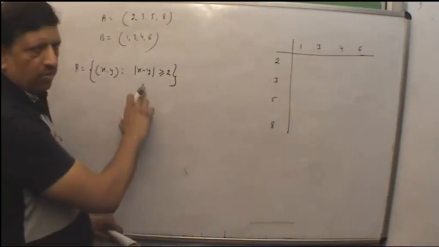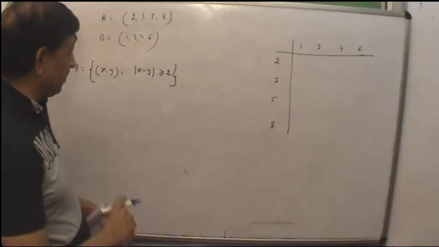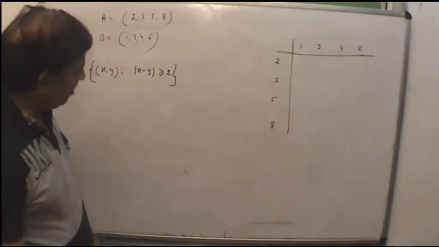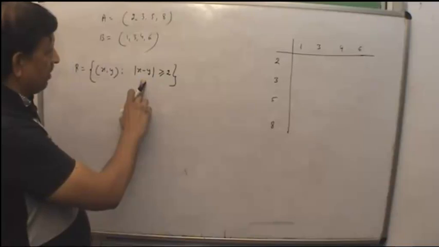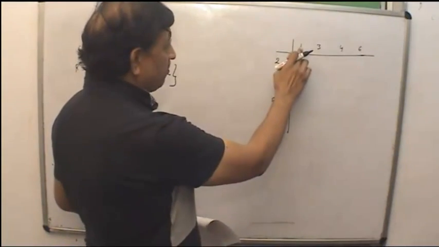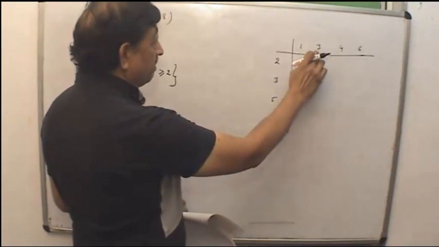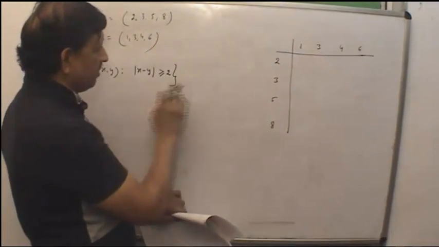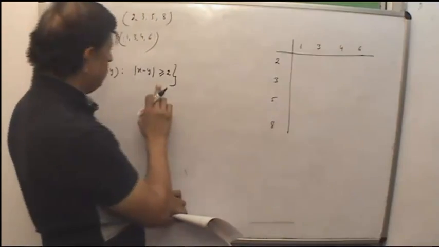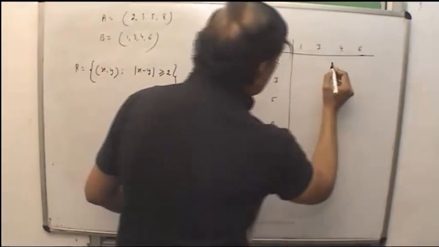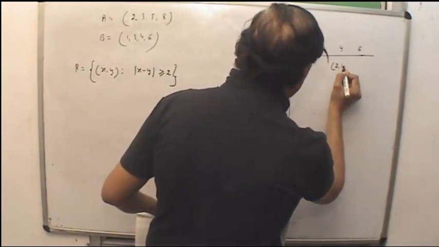What is our requirement? Modulus of x minus y. Modulus means always positive. 2 minus 1, 1, cannot be considered. 2 minus 3, 1, cannot be considered. 2 minus 4, it is equal to 2. We can consider it: (2, 4).